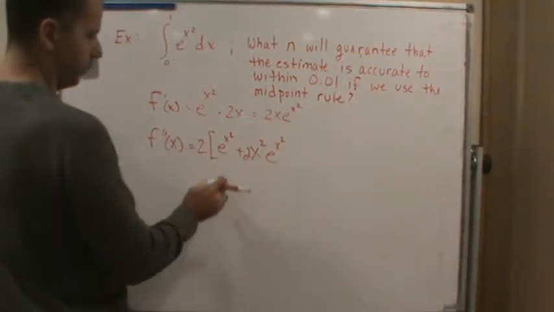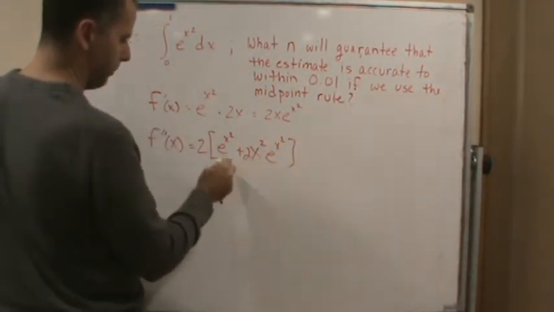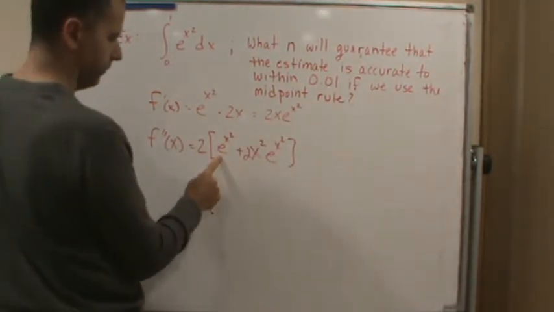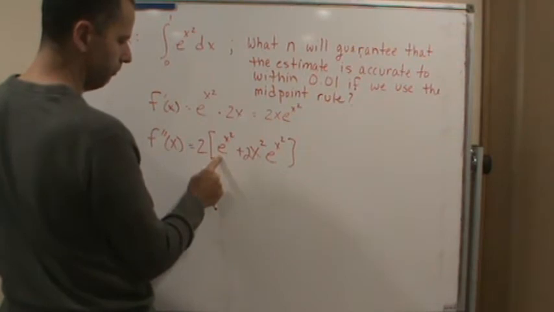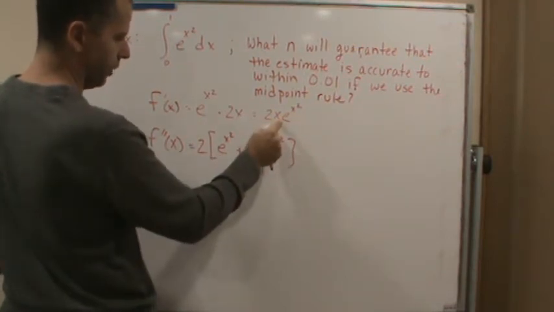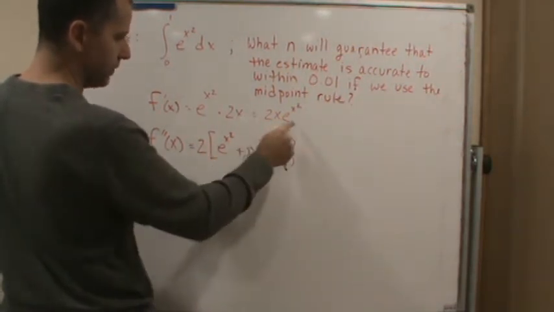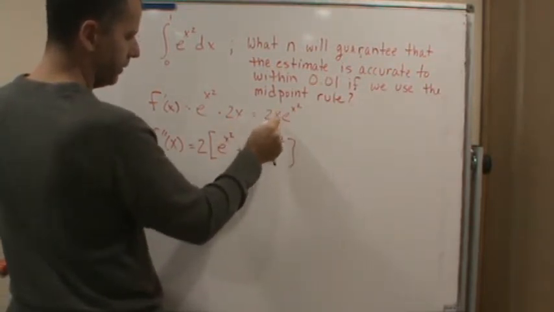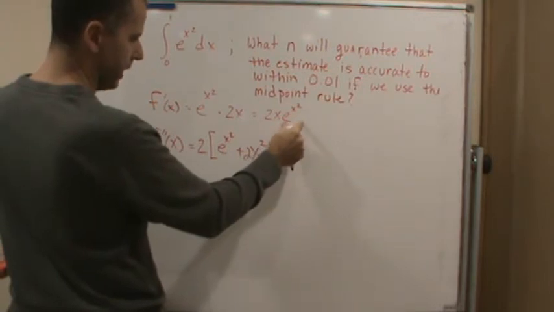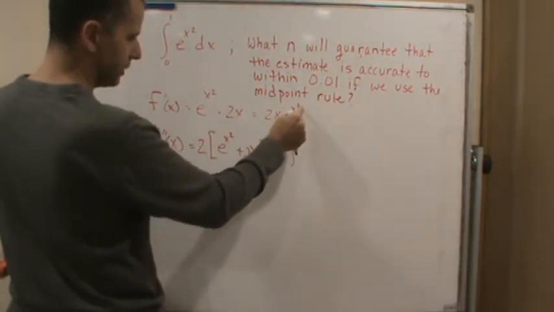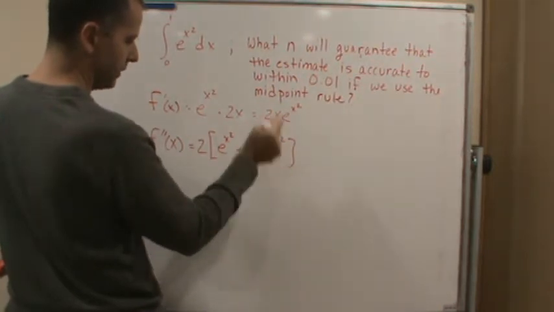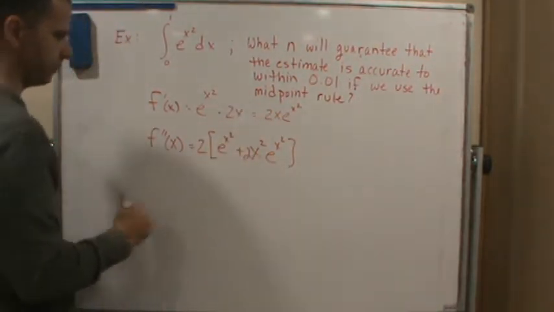Just to recap, we did the derivative of the first, which is 1, times the second, e to the x squared, so that gave us this one, plus the first times the derivative of the second, which is e to the x squared times 2x. So we get 2x squared times e to the x squared.